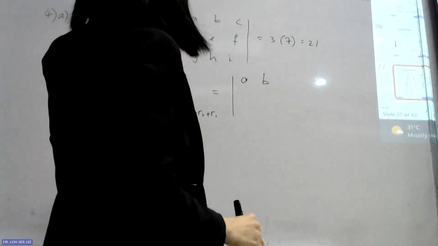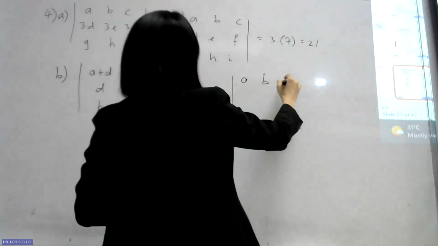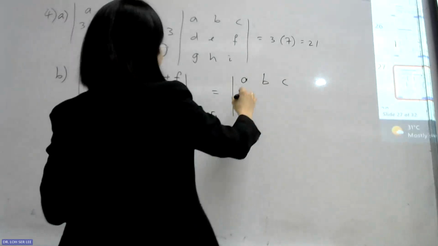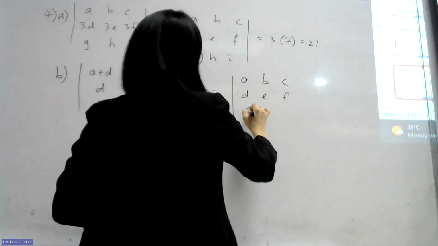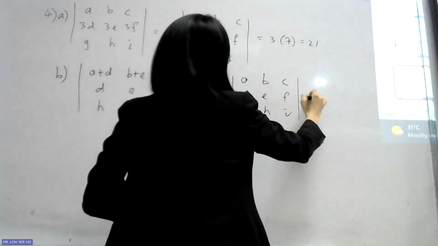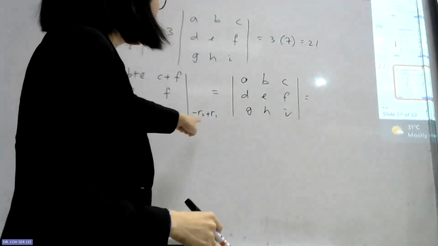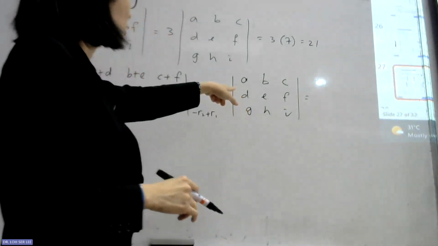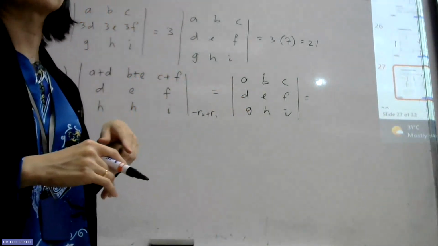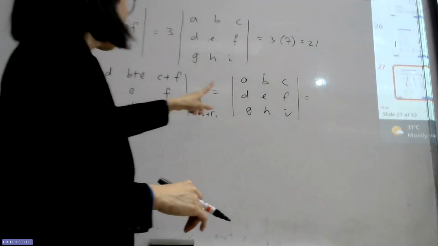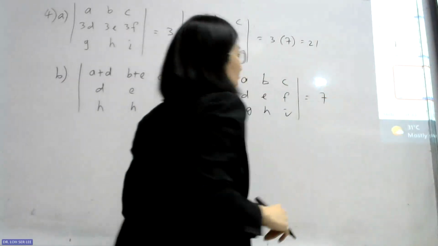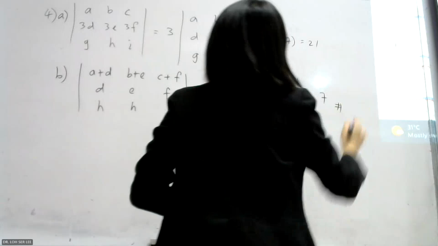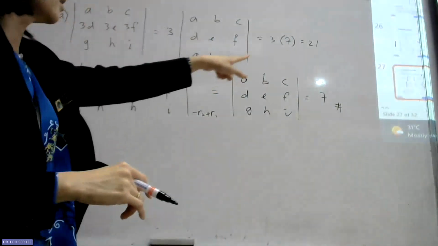Negative F plus this, you get C. So no changes on this D, E, F, G, H, I. If you use this, is there any change to the determinant according to the theorem? No, no changes. So the determinant of this is 7.